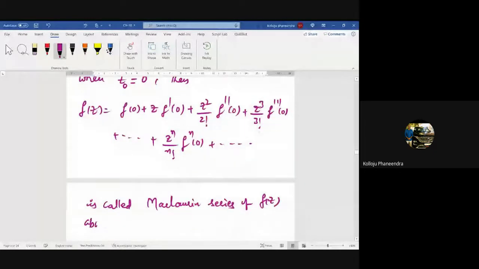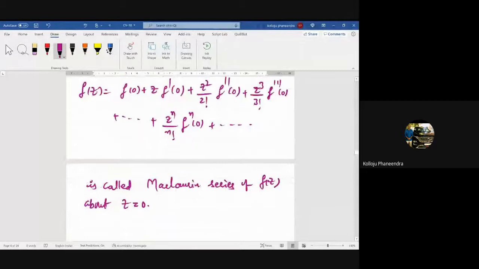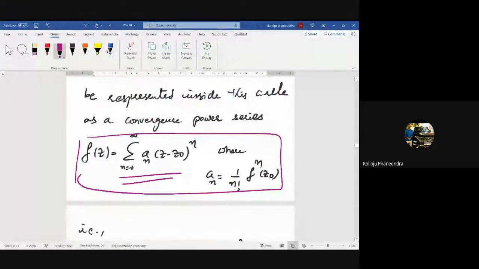Okay. And with the same logic, just write this series expansion, but remember this formula. This is the Taylor series expansion, where a_n is 1 by n factorial times the nth derivative at z0.